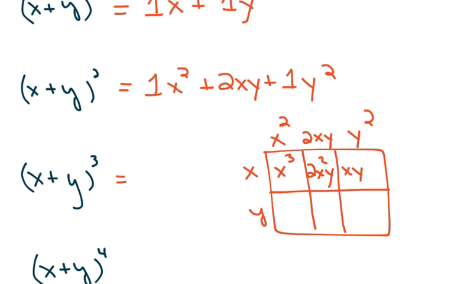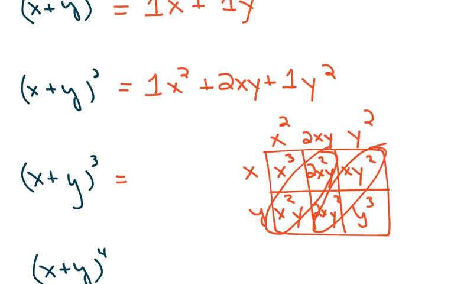This is xy squared. This is x squared y. 2xy squared. And then y to the third. So when I add my like terms, which often end up on these diagonals, we're going to get x cubed plus 3x squared y plus 3xy squared plus y to the third.